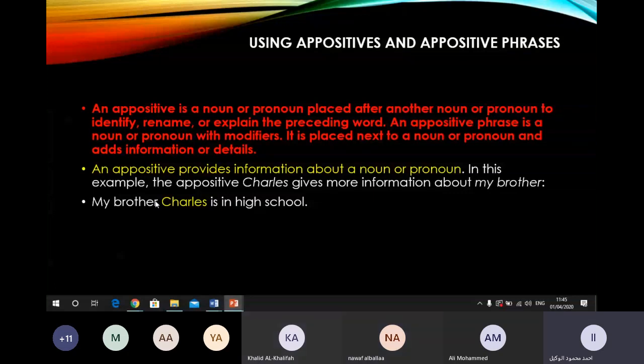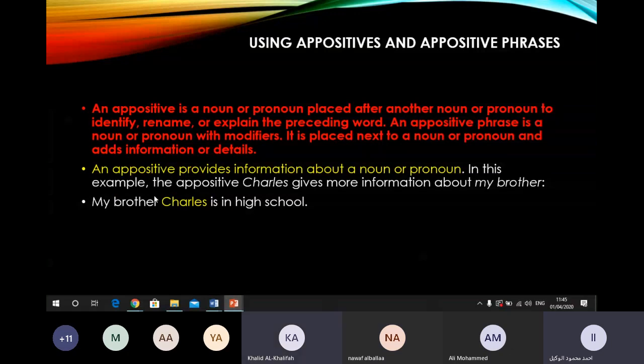In this example, you have my brother, a noun, and you have also Charles, a noun, right? So if I ask you now, who is your brother? Charles. So in this sentence, my brother is Charles, right? And here you brought my brother as a noun at the beginning of the sentence, followed by the other noun Charles to identify the brother.